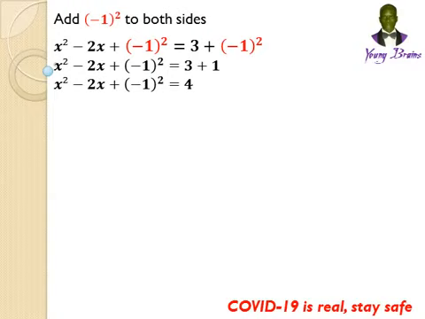It transforms into x squared minus 2x plus minus 1 squared equals 4. The next step is to factorize the left hand side, and it will give us x minus 1 squared equals 4.